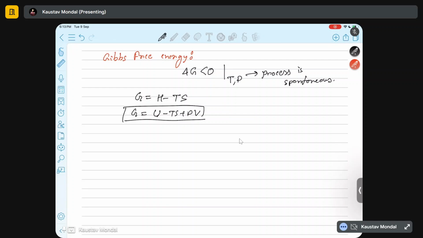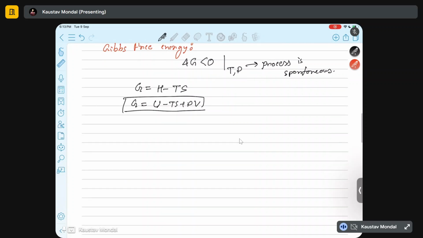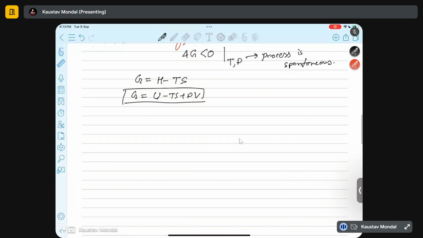Now from here we have done the same thing. U minus TS is nothing but the Helmholtz free energy, right?